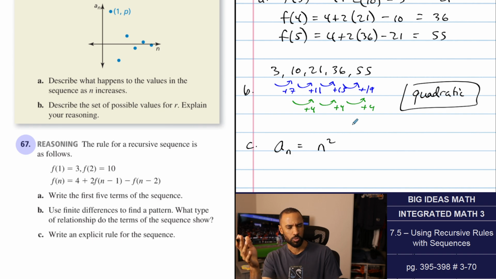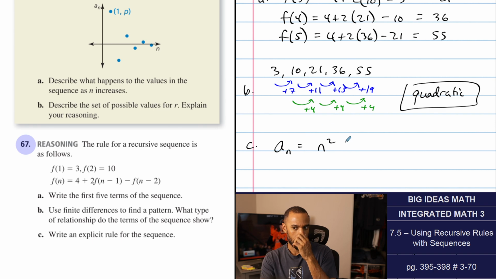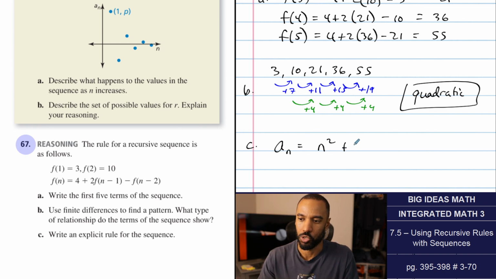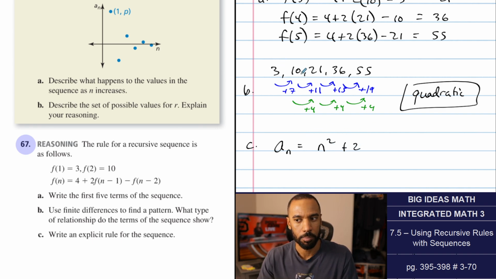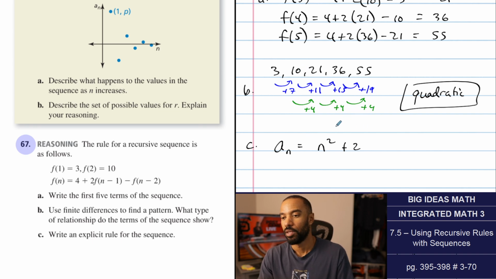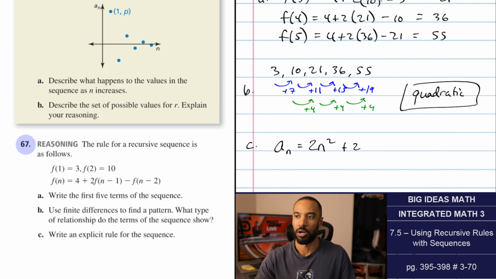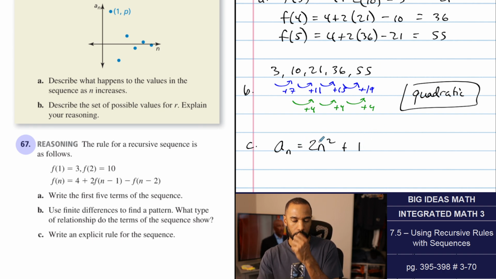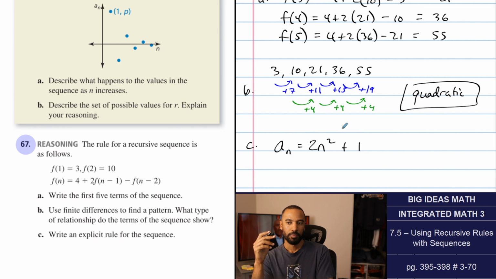I got to do something with 1 squared here. If I did 1 squared plus 2, that would give me 3. 2 squared plus 2 would not give me 10, right? If I did 2n squared plus 1, 2 times 1 squared plus 1 would give me 3. 2 times 2 squared is 4, times 2 is 8, plus 1 is 9, not 10, but plus 2 would be 10.